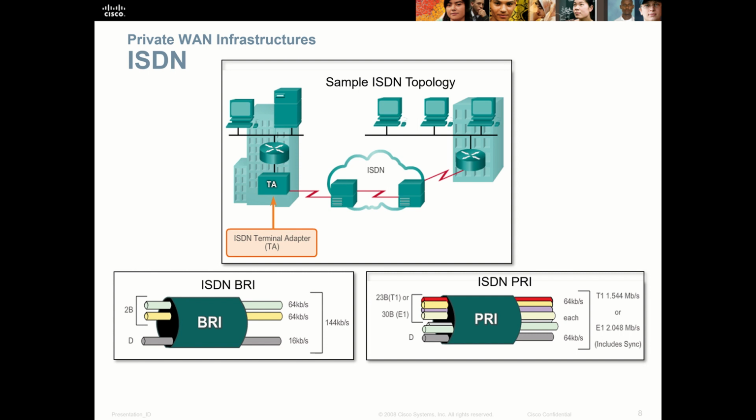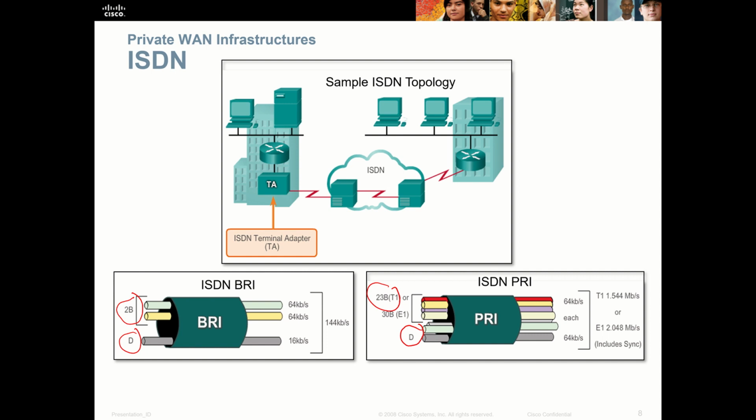If you look here at PRI and BRI, they both use B channels for transmitting the actual content, and a D channel for signaling and other communication.